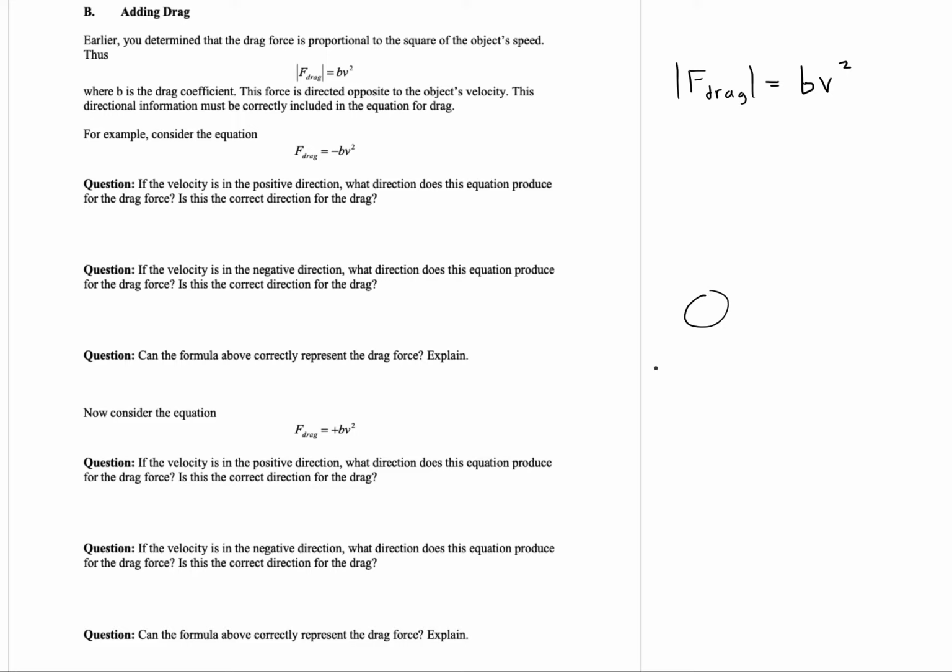It means at the beginning, when the person throws the ball up, the ball's going to be moving pretty fast when it leaves their hand. 50 meters per second in my example. And what they're saying is there's going to be a force directed opposite that. Now we know there's always a weight to it, but now there's another force too. The drag force.